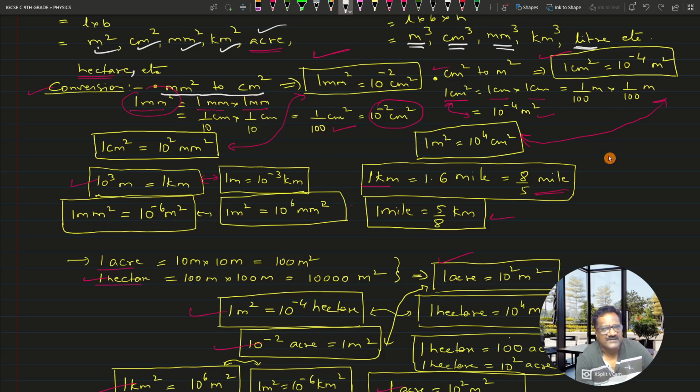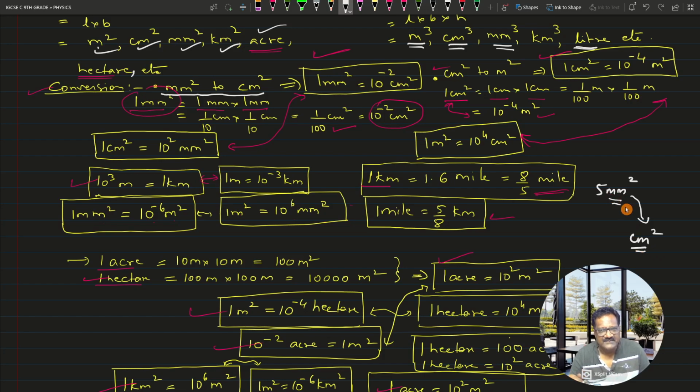Suppose they have told you that a body, you can say some insect, has a body surface area of 5 millimeter square, but for some reason I want this particular area in centimeter square. This is where conversion comes into the picture, isn't it? So I want to convert millimeter square into centimeter square.